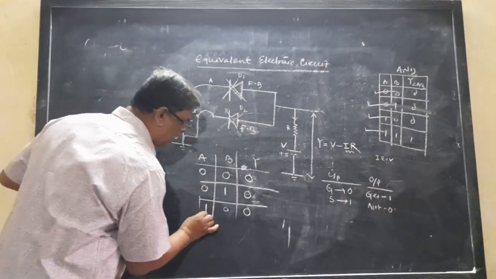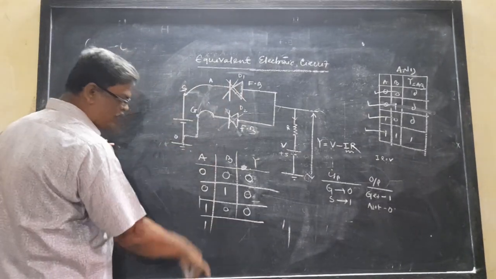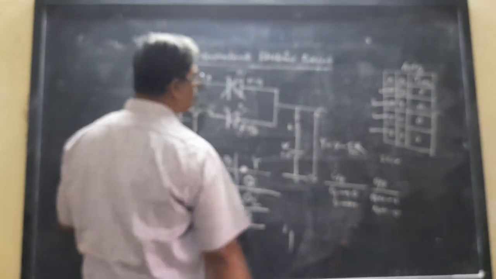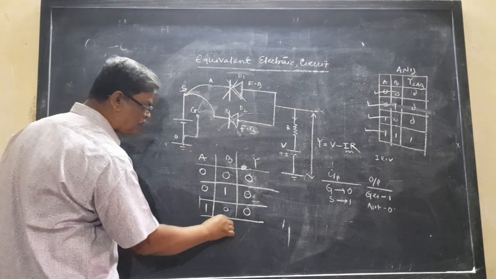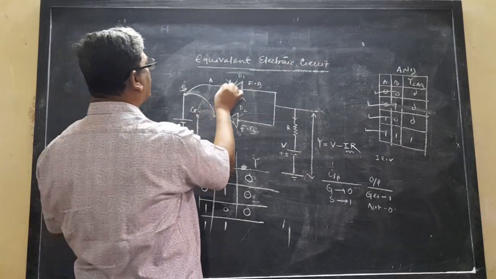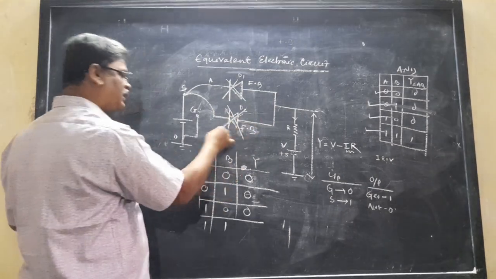Then last, if A is connected to S, value 1, and B is connected to S, that is equal to 1. When both are connected to S, then both the diodes do not conduct.